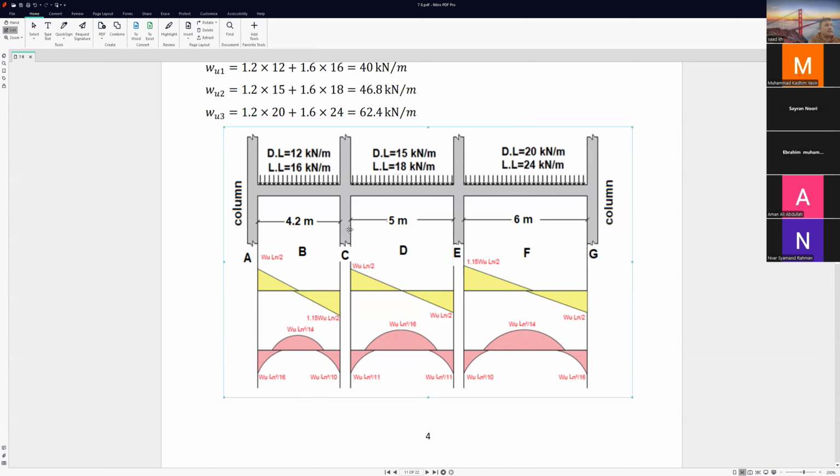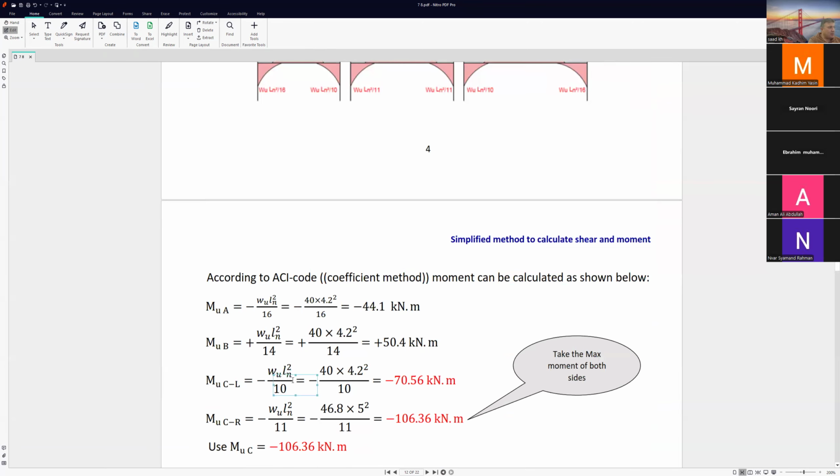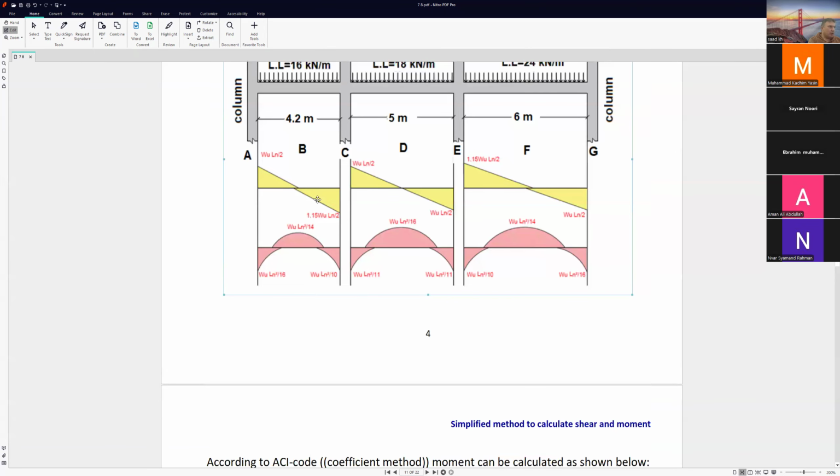So you should subtract the dimension of the column to get the face dimension like this, 4.25. Here you should take the average, 4.2 plus 5 over 2. This is important. So for MUC left, if we take only the left, we can make the average also. So it will be 4.2.